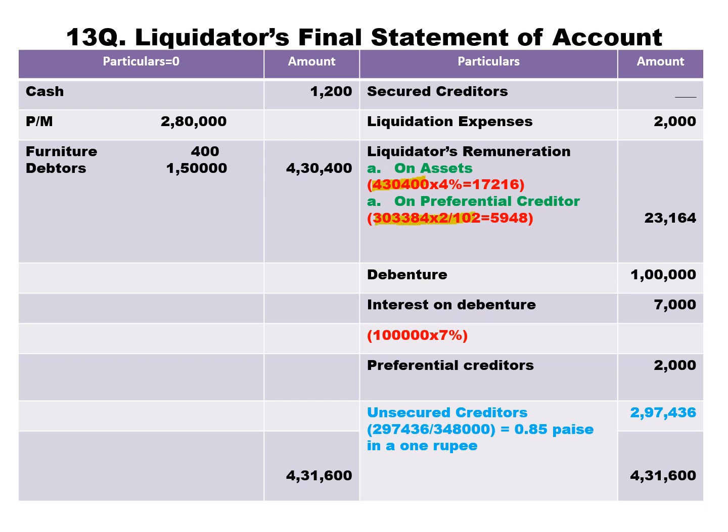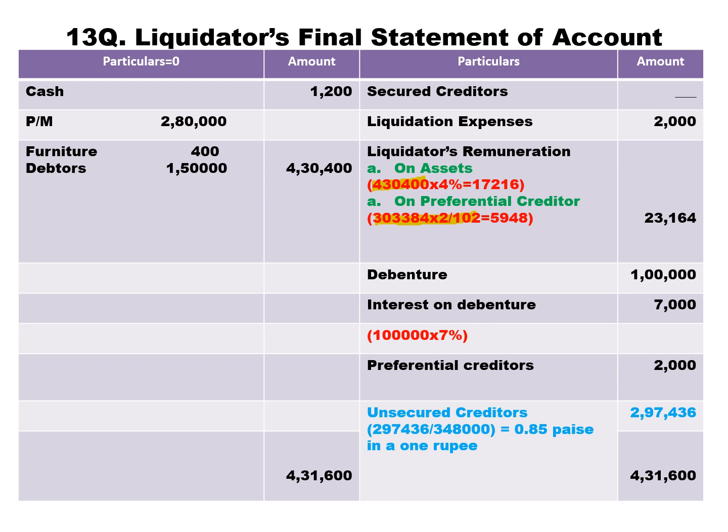Remuneration on unsecured creditor is 3,03,384 divided by 102 into 2, we get 5,948. Then total remuneration is 23,164. So unsecured creditors' final payment is 2,97,436.